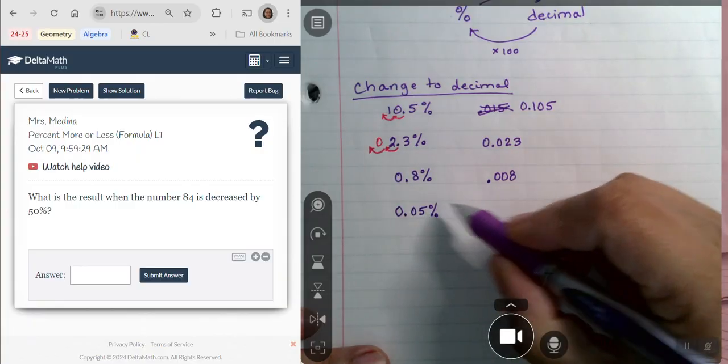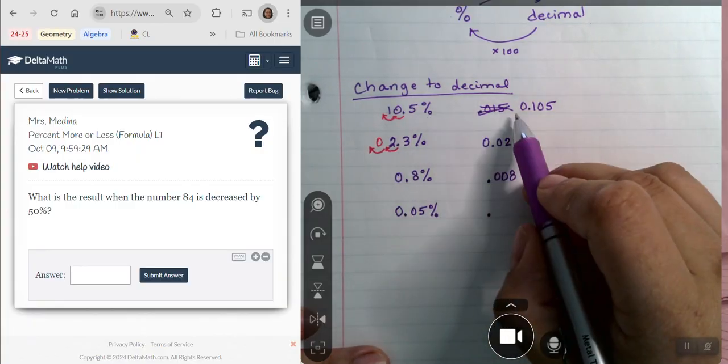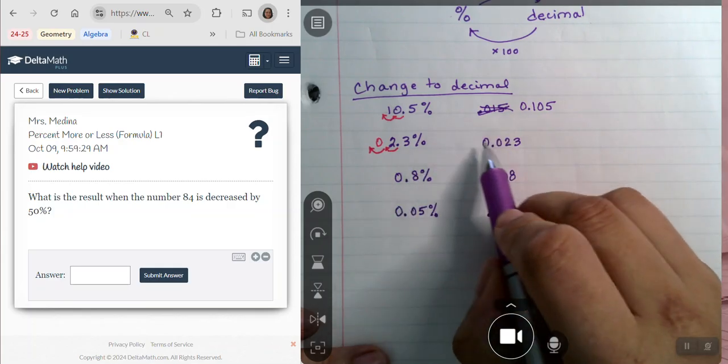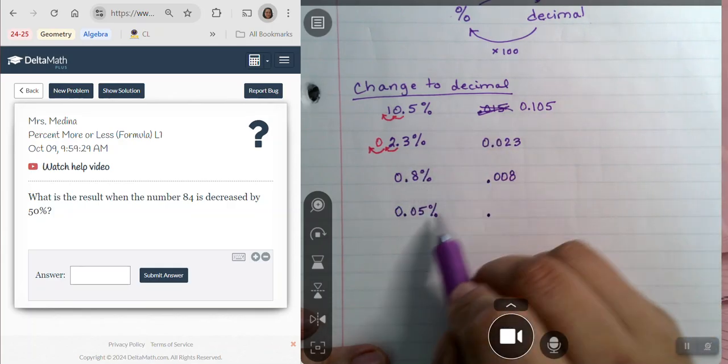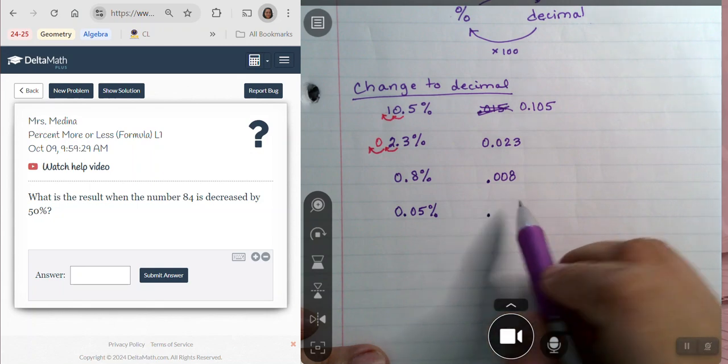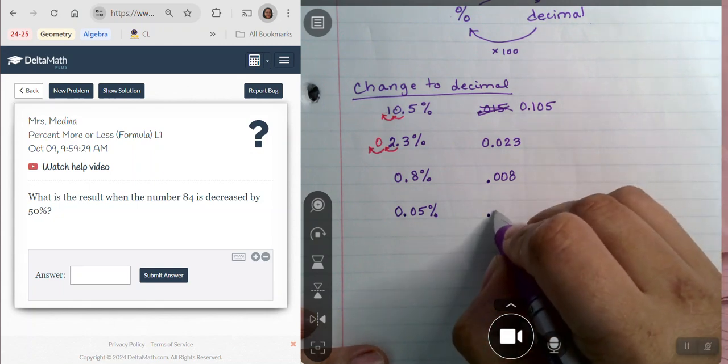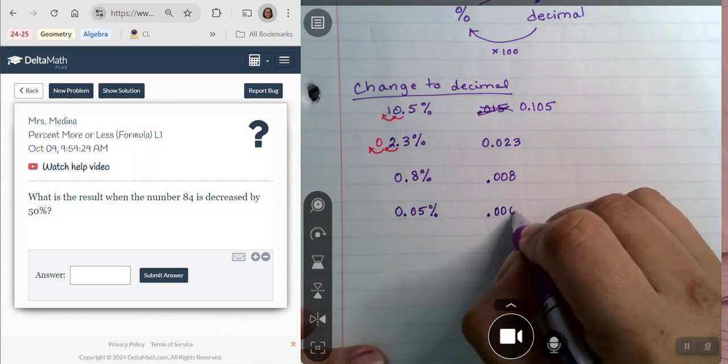No, you're going from percent to decimal. What did we do to go from here to here? Divided by 100. So what is 0.05% in decimal form? 0.0005.